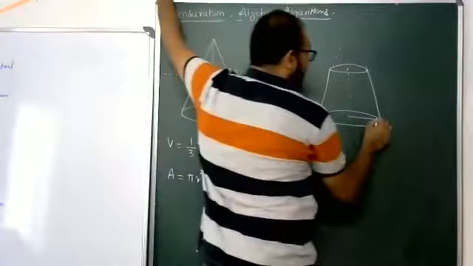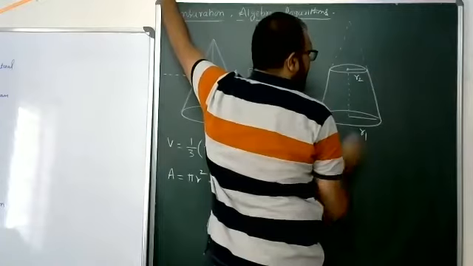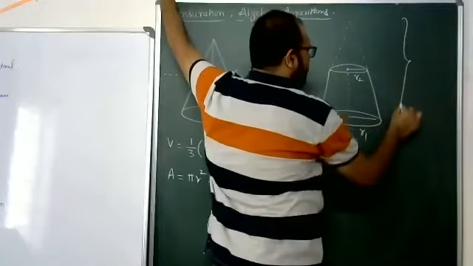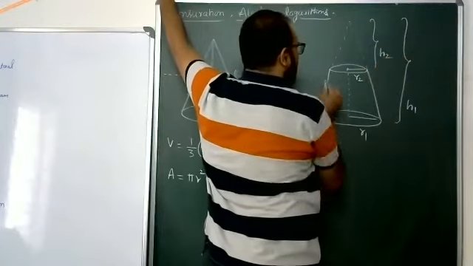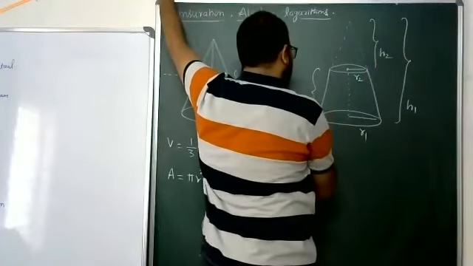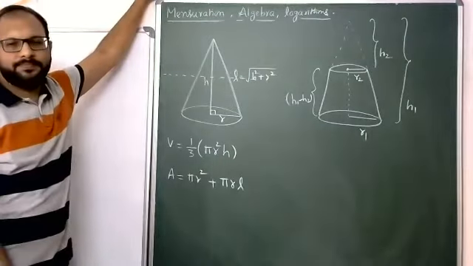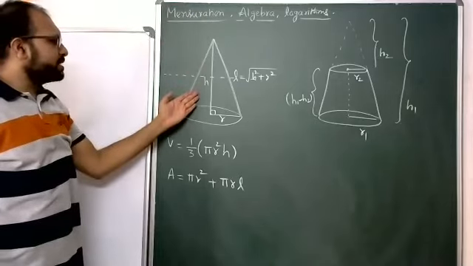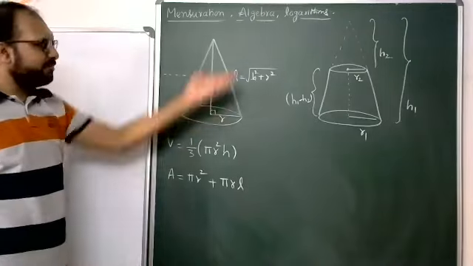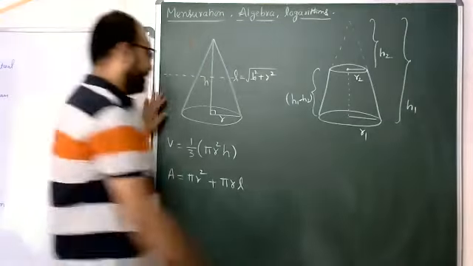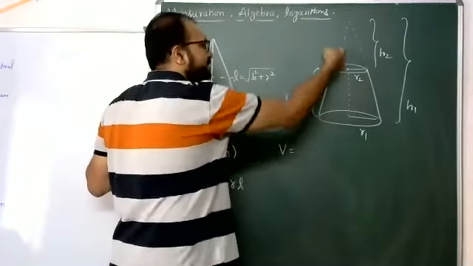Here I am taking radius R1, this is R2. From here to here H1, from here to here H2. Means indirectly from here to here H1 minus H2. So students, from the volume of the circular cone equation, you can find the volume of the frustum also. This V equal to total value minus this value.